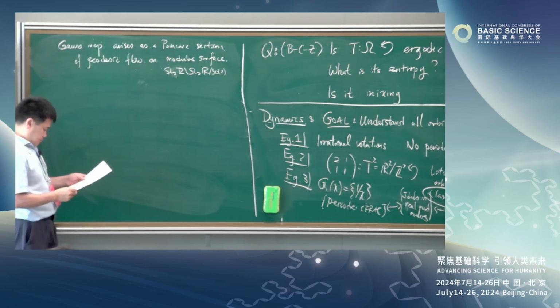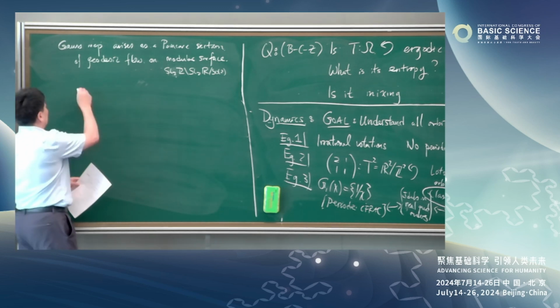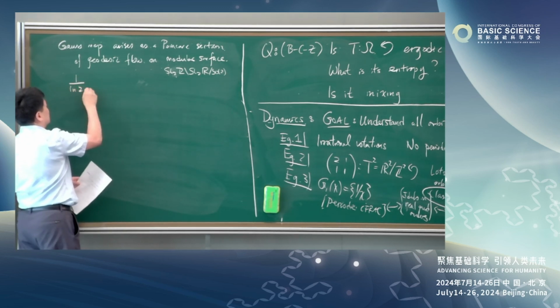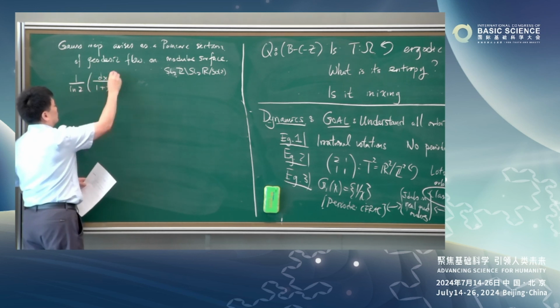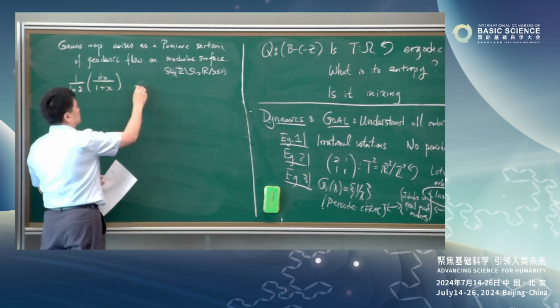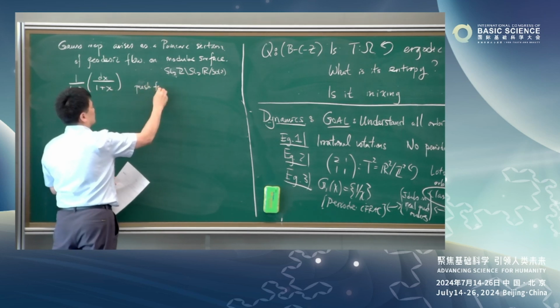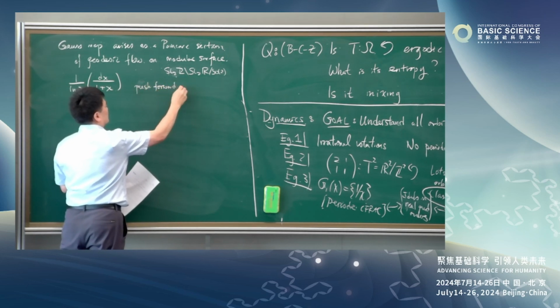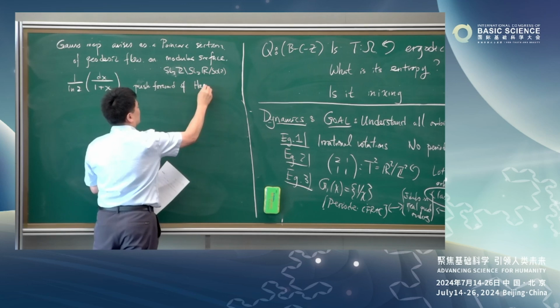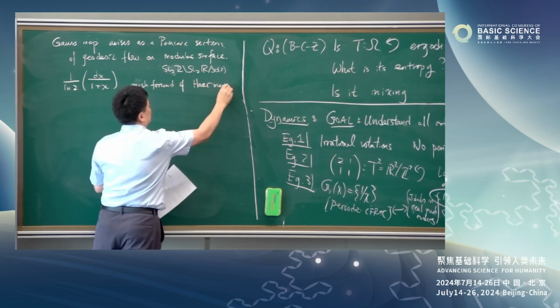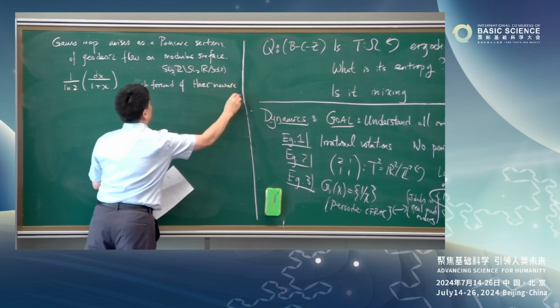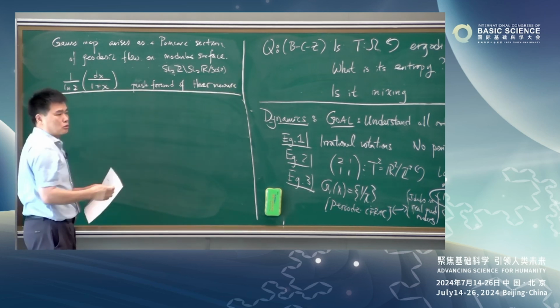And here, the famous Gauss measure on the unit interval is like the push forward of Haar measure. So there's a very natural explanation for where the Gauss measure shows up.